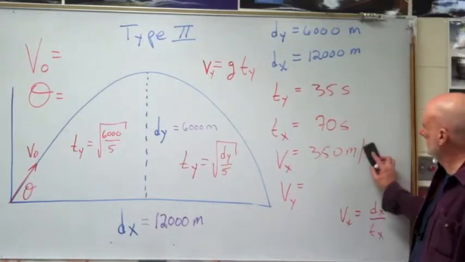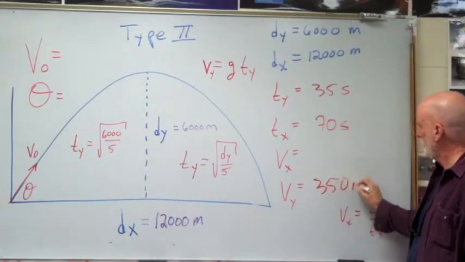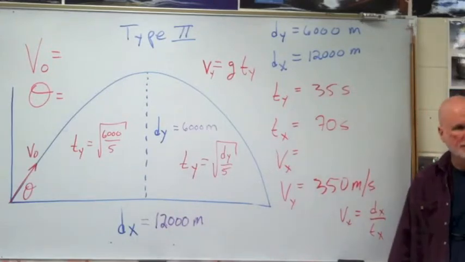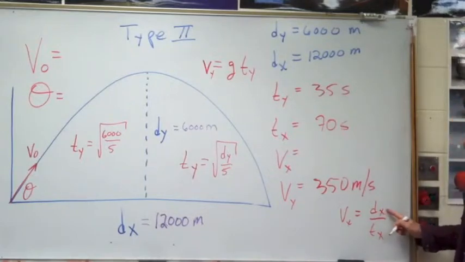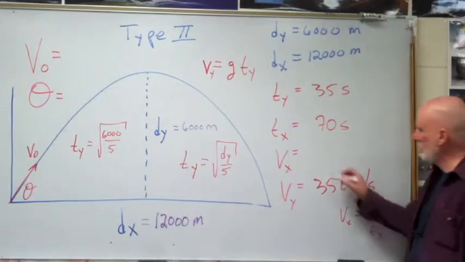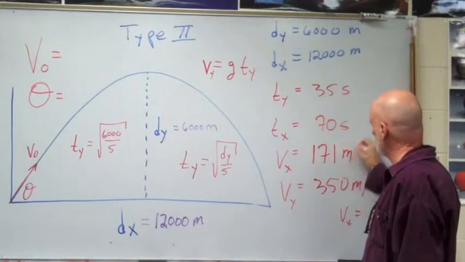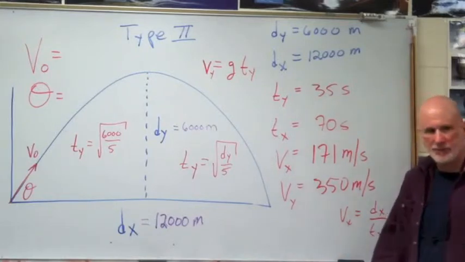Thank you. This goes here, 350 meters per second. Sorry. So what is 12,000 divided by 70? 171.4. Can we just say 171 meters per second? Yep. Is that okay? Yeah.